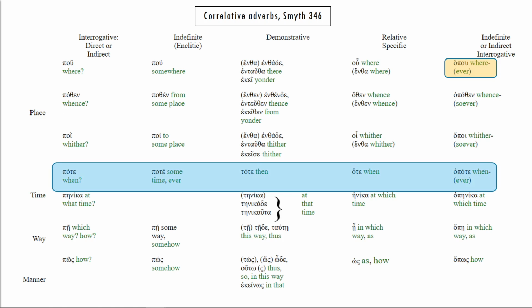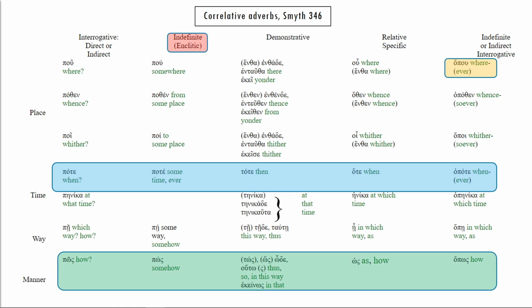Another very common set here are when, then, sometime. So pote with an accent is when, pote without an accent is whenever or sometime or anytime. Tote is then. Hote, we've already seen introducing temporal clauses, and hopote, whenever. So these are very, very common. Don't forget that indefinites are enclitic.